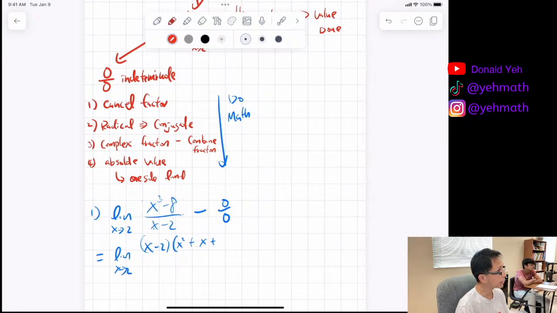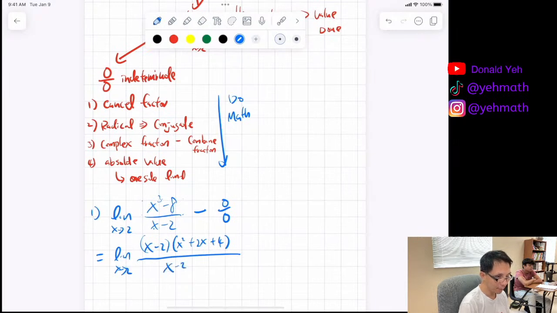Sophia, do you know how to factor? Two x is good, but it's not plus 1, it's plus 4. Okay.